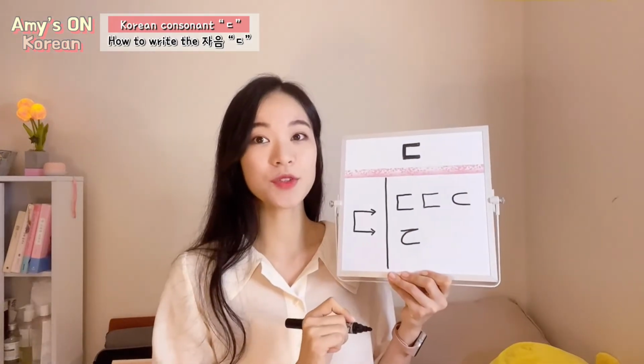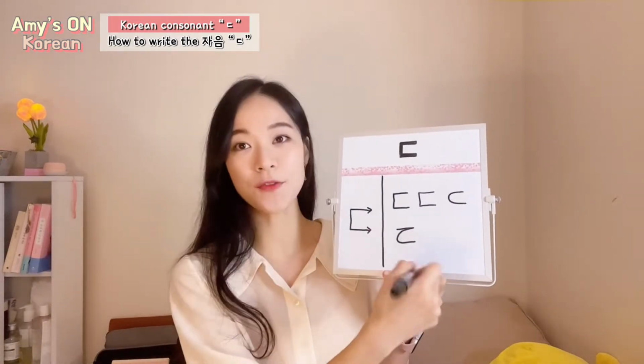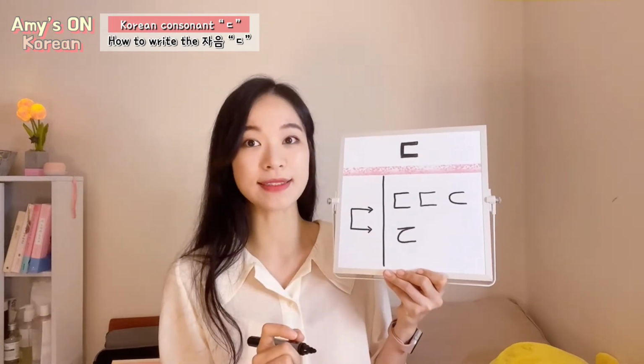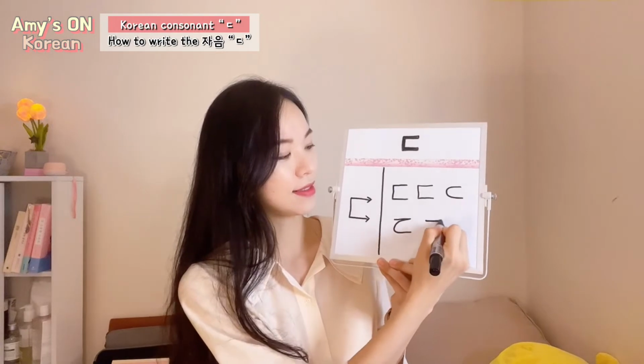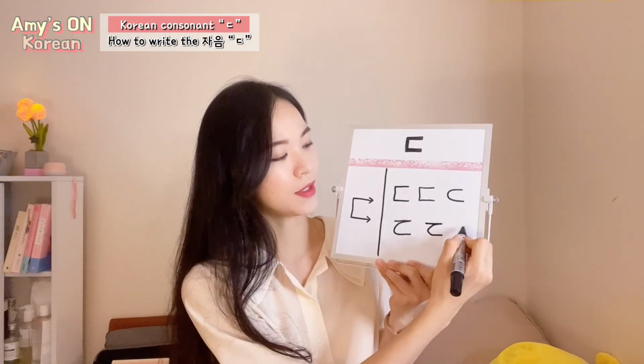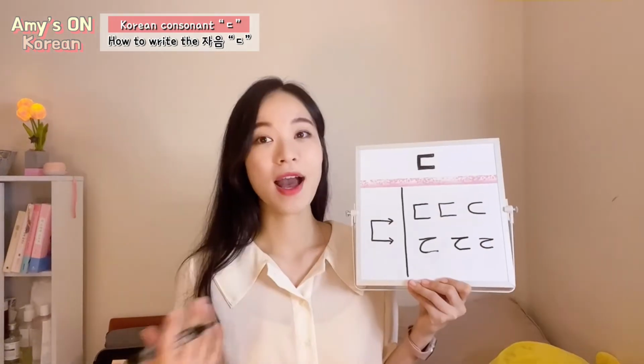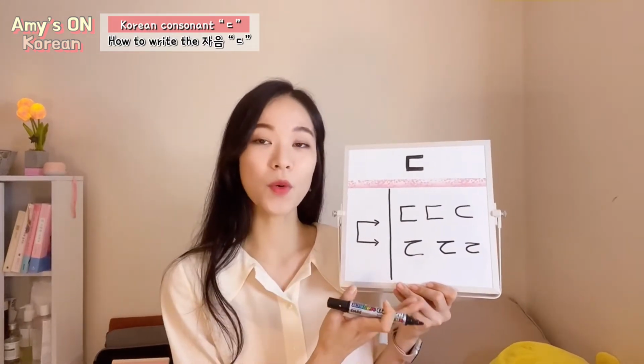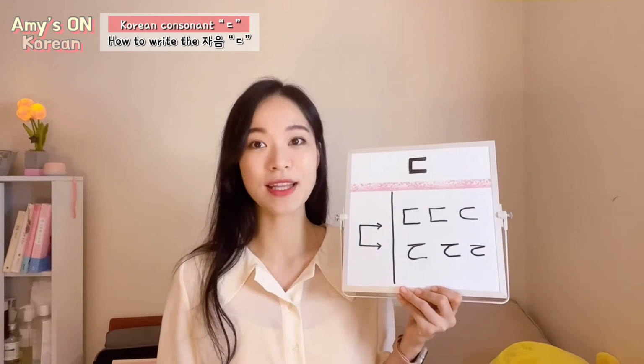Some people who want to write 디귿 following the official writing order with one stroke make this shape of 디귿, like this or this. I know they don't look the same as the official one, but now that you are aware of it, you will easily understand what people have written.